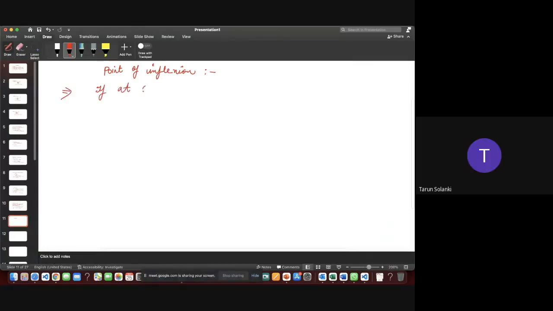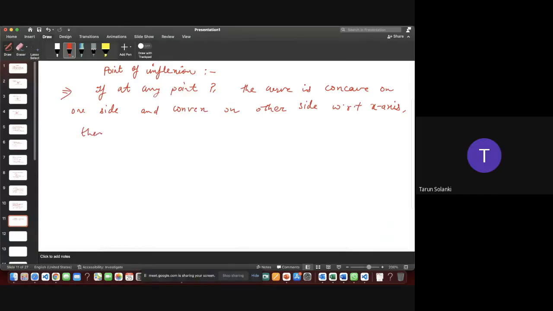If at any point P the curve is concave on one side and convex on the other side with respect to the x-axis, then P is called a point of inflection.